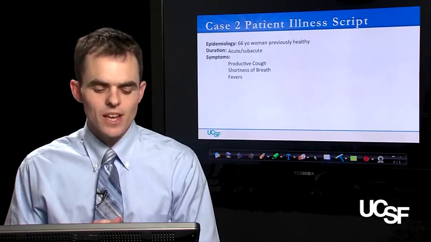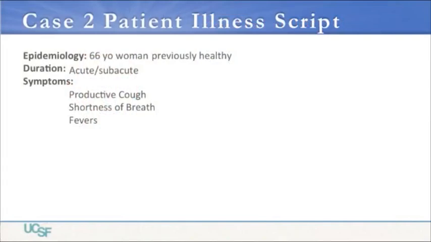Okay? So let's look at what happened to the illness script in this case and appreciate how much more that illness script changed from when the patient presented in the emergency room to when you made your final diagnosis at the end. So on triage and after your history, you get that this is a 66-year-old woman. As far as you know, she was previously healthy.